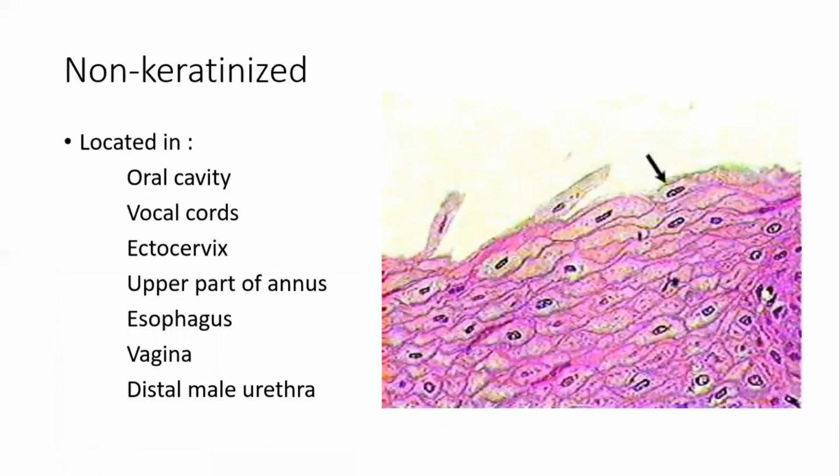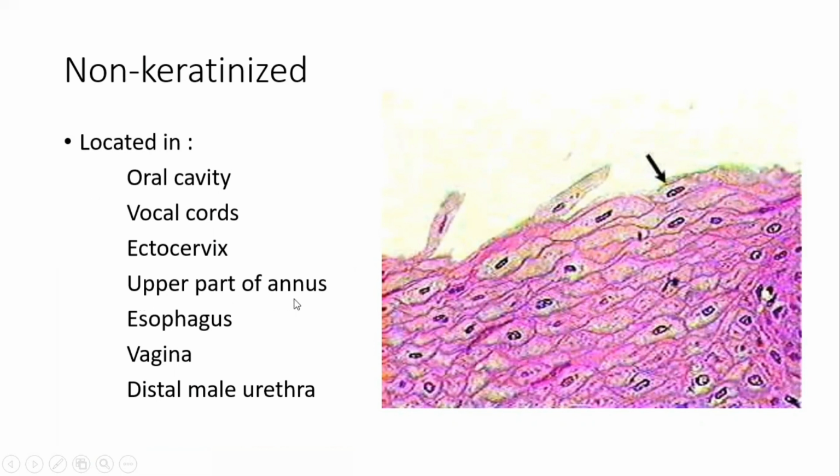Now, stratified squamous epithelium non-keratinized. As you can see, there are some layers, so it's not one layer, so it's stratified. They're flattened, the apical cells, so it's squamous, and non-keratinized. You don't see any keratinization here at the apical surface. So these kinds of cells are located in the oral cavity, the vocal cords, the ectocervix, or the lower part of the cervix.